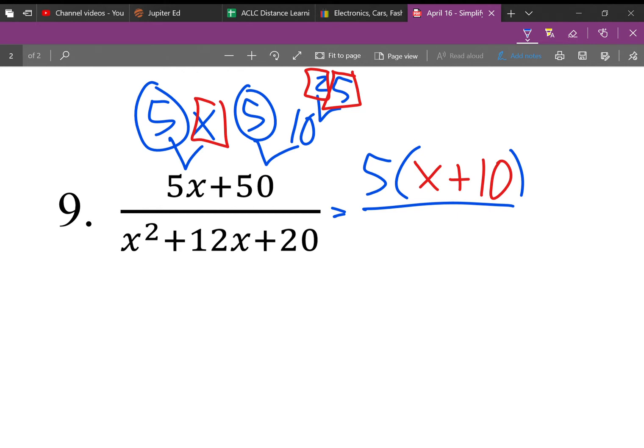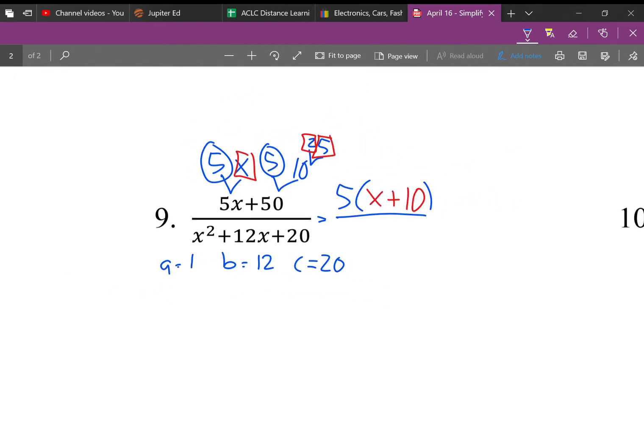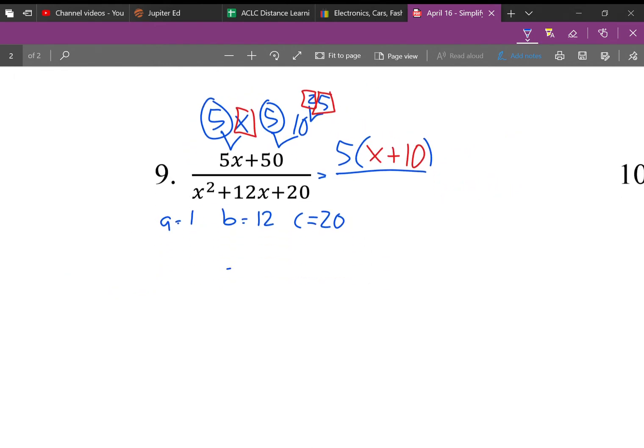Now, for our trinomial on the bottom, a is 1, b is 12, and c is 20. So when I set up my diamond problem here, giving myself a little more space, I'm going to have a times c on the top, b on the bottom.